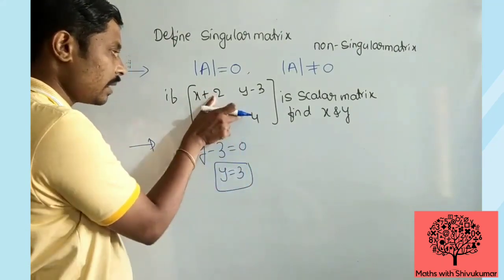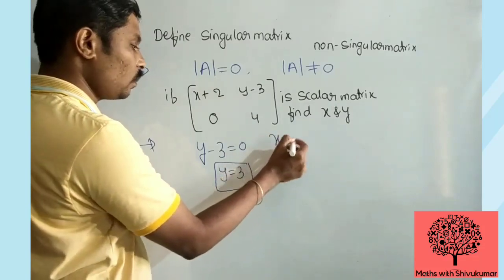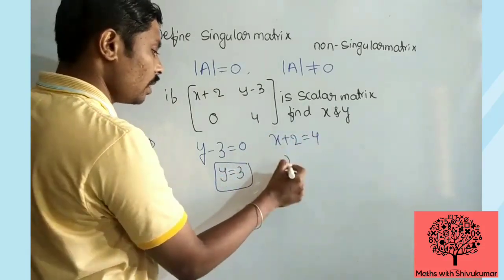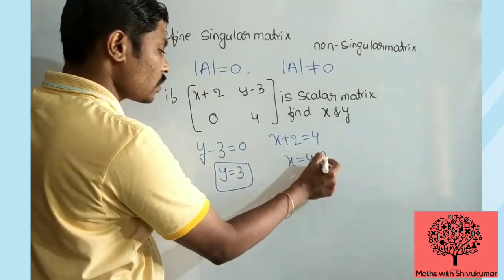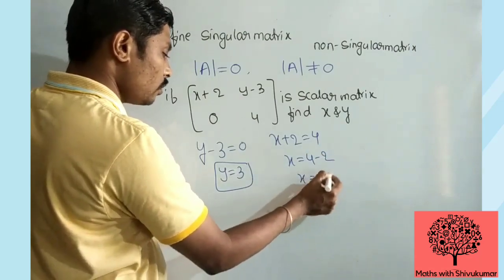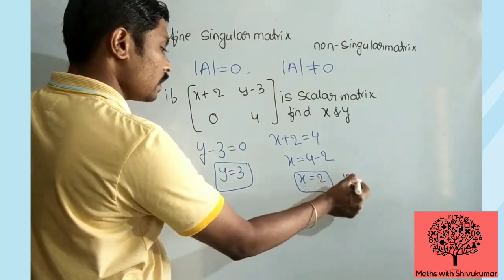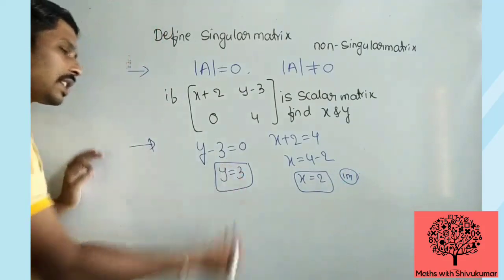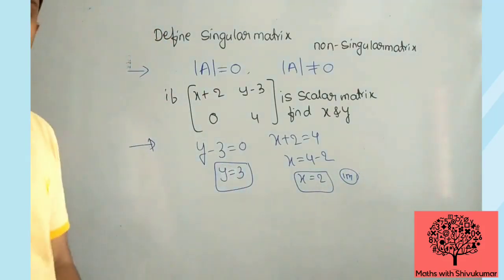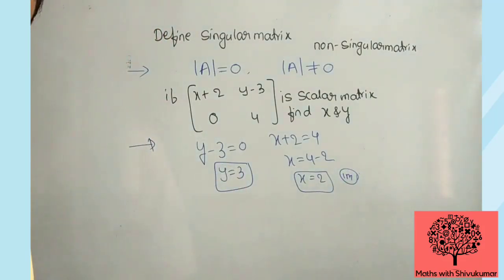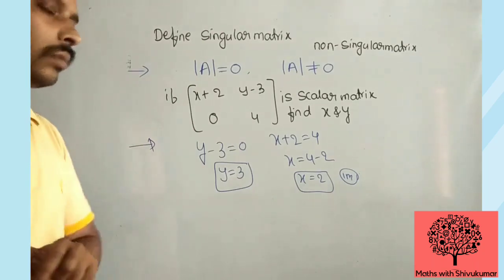Diagonal elements are the same, so x plus 2 is equal to 4. x is equal to 4 minus 2, so x is 2. For this you will get 1 mark. Maybe in 2016 this question was asked. Got it?